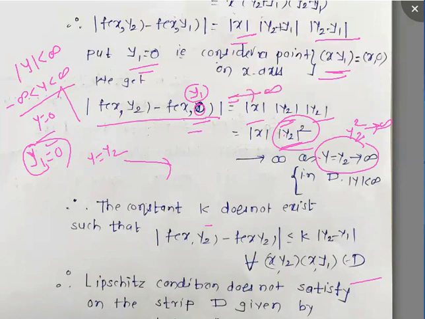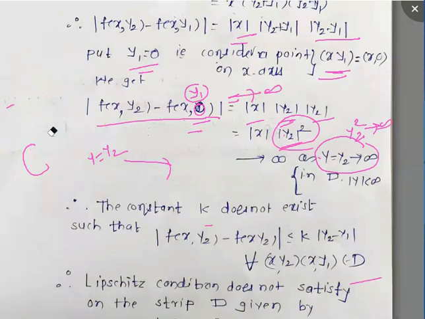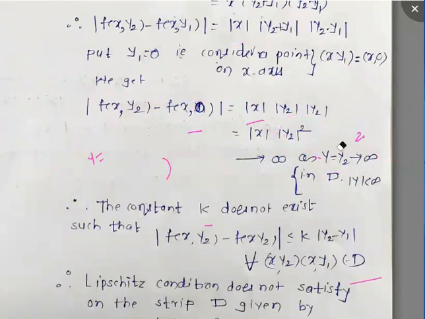So k does not exist. We want this difference less than or equal to k if it satisfies Lipschitz condition. Then we want this difference less than or equal to k into mod y2 minus y1, but here it does not exist.